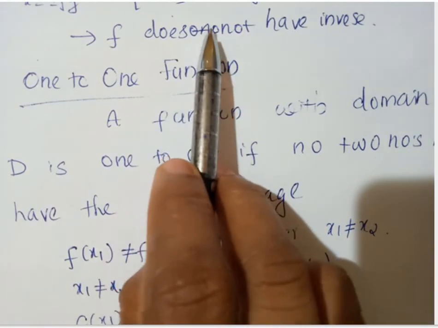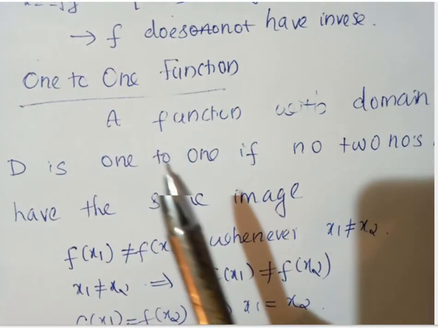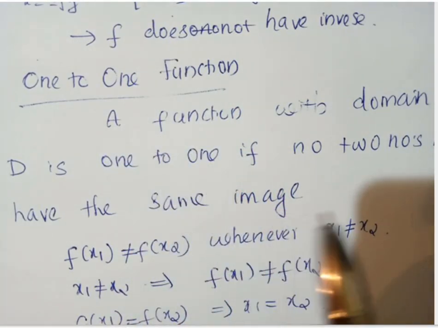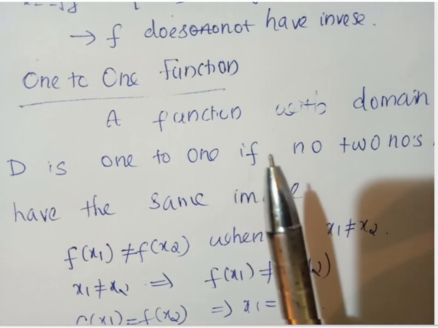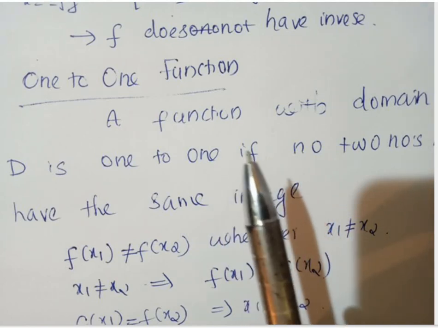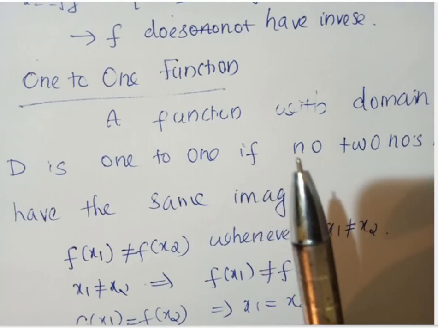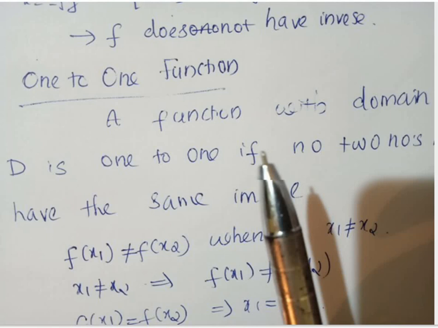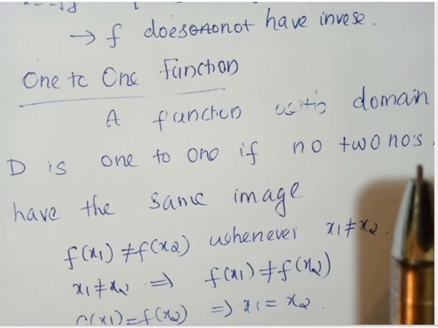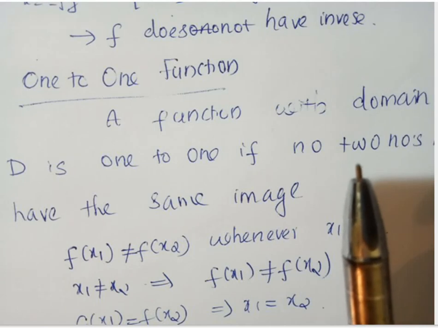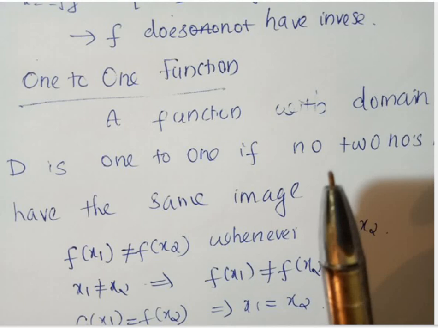From this question, since y equal to x square does not have an inverse in the common definition, that is, if you take the domain minus infinity to infinity. But in the same case, y equal to x square, when we restrict the domain to 0 to infinity, then that function has an inverse.